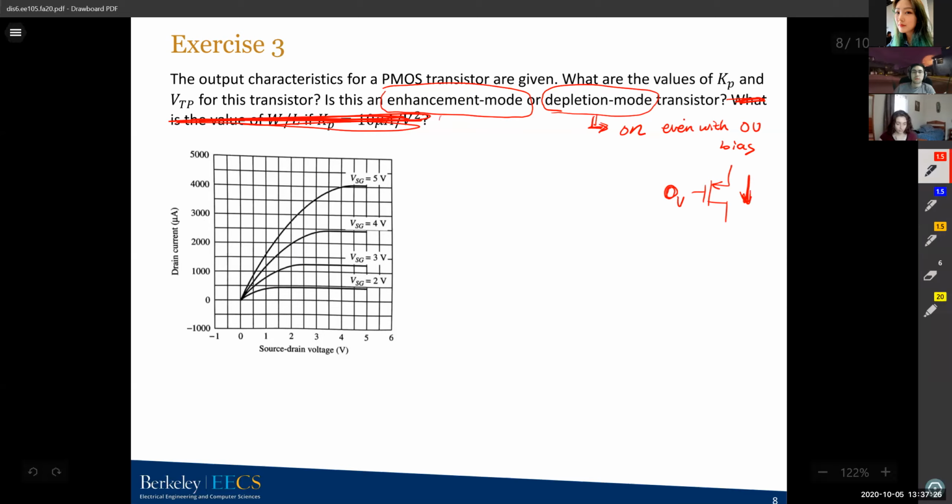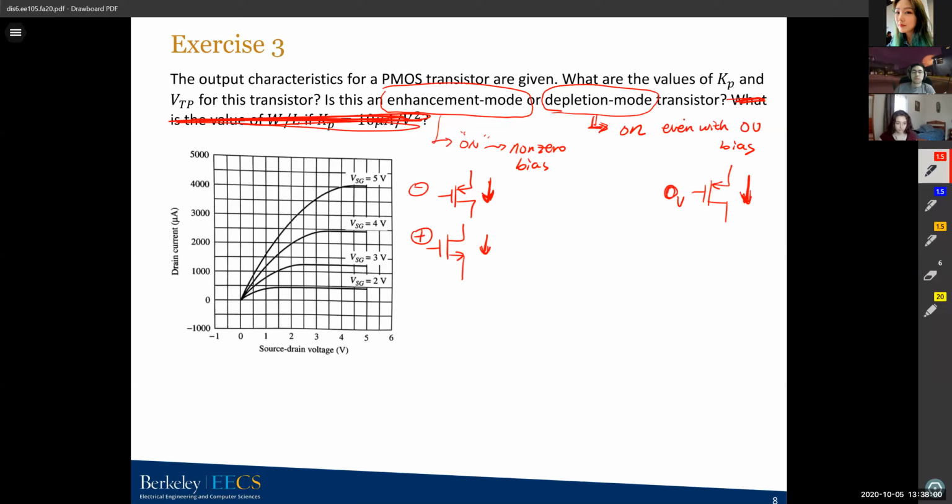And enhancement mode means that to have a current flowing through the MOSFET, to make the MOSFET on, we must give it a non-zero bias voltage. So for PMOS, if we want current flowing through it, we must have a negative gate voltage. Or for NMOS, if we want current flowing through it, we must give it a positive gate voltage.